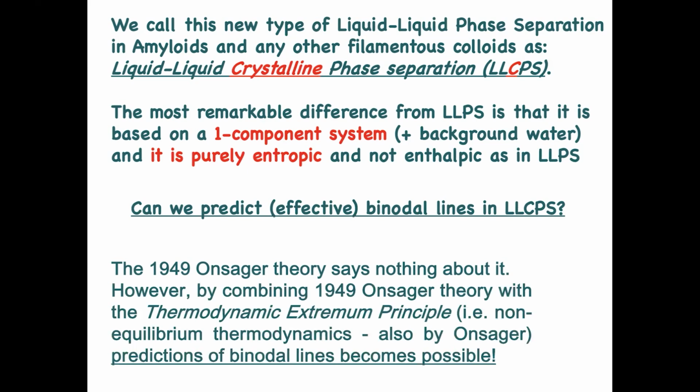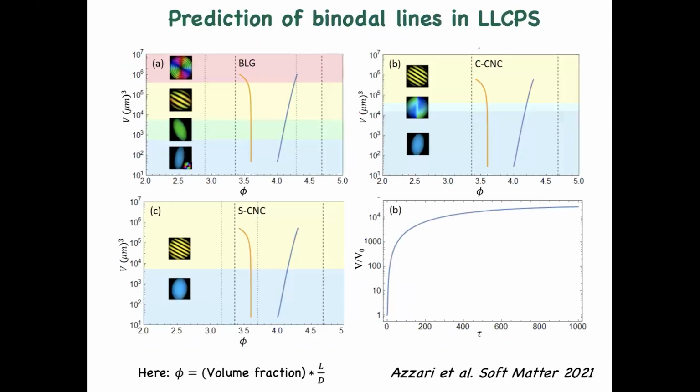He's the one who put up the thermodynamic principle, the dissipation function, which introduced transport, and you can combine that free energy with the dissipation function to predict the binodal lines. I'm not going to go into detail here. If you're interested in that, you find all the detail in this paper by Paride Azzari. But basically, this is how they look.